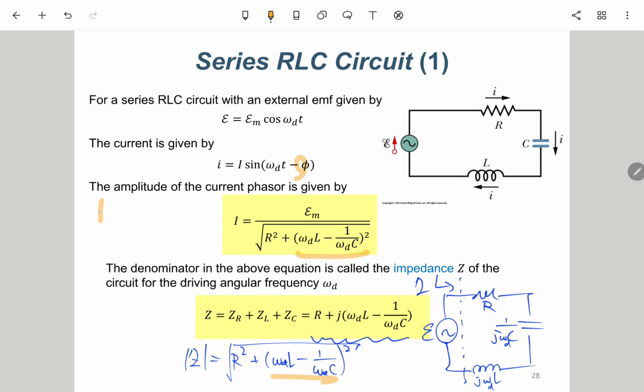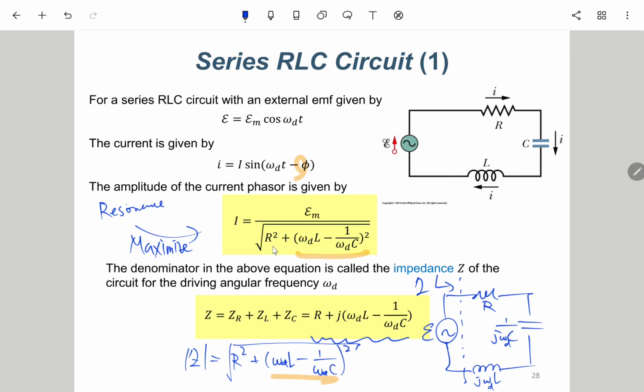Okay, so for the resonance, we try to maximize this. I we cannot change, EM we cannot change.